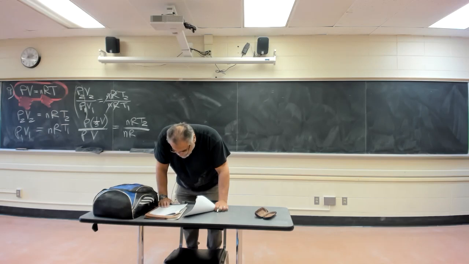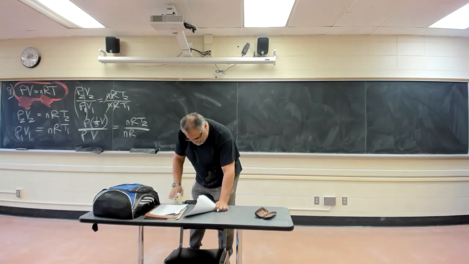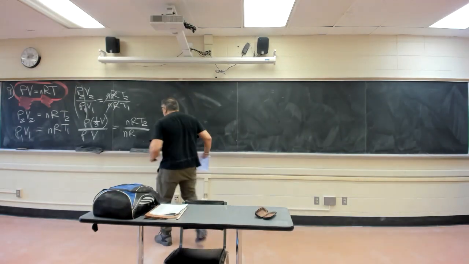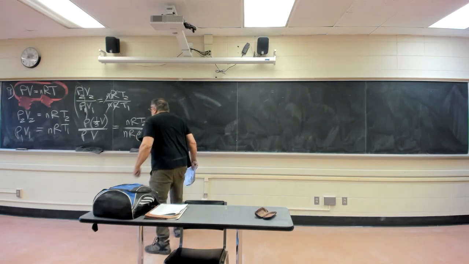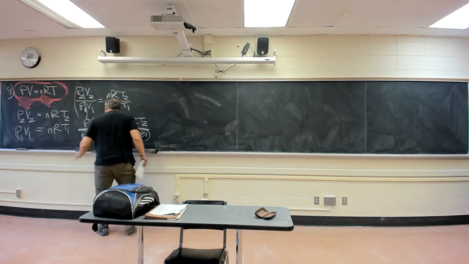If you add 273 to it, you get 451. So it's 451 Kelvin. The constant pressure was 2 atmospheres initially, and 2 atmospheres at the end of it. So that's pretty interesting.